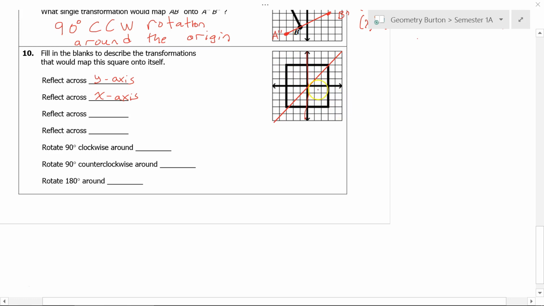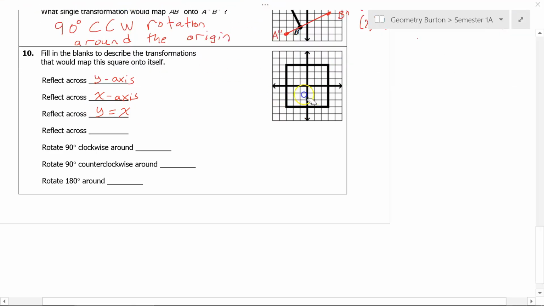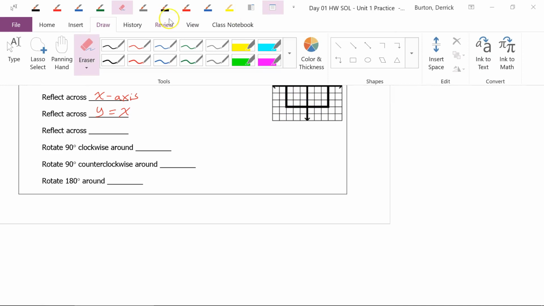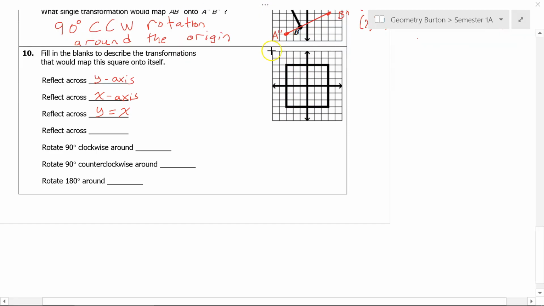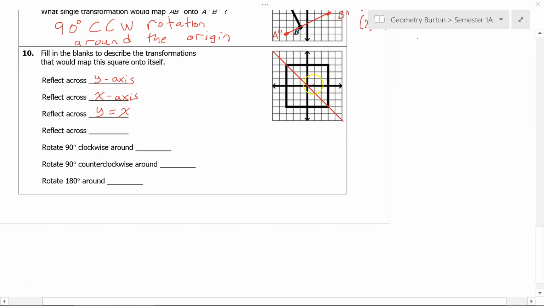So if I reflected over this line, it would still look the same. That's what it means to map onto itself. In a similar way, if you were to reflect over this other line, this picture would still look the same. And that's the line y equals negative x.